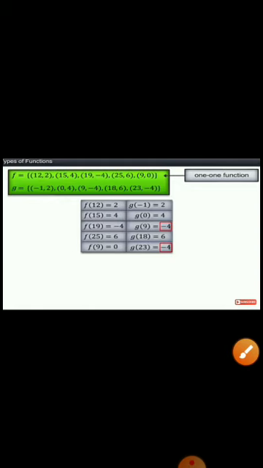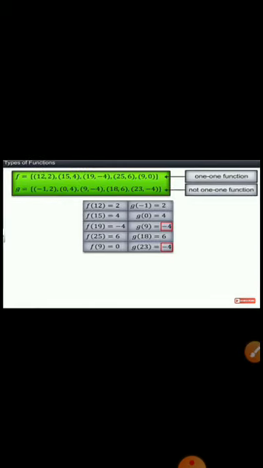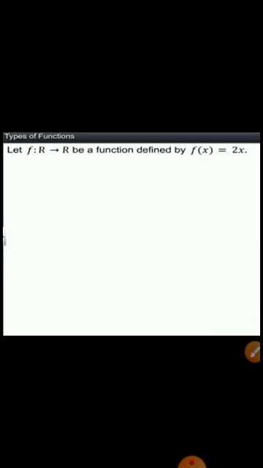See, have you got g of 9 as -4 as well as g of 23 as -4? 9 and 23 are two distinct elements, but they are mapped to a single element -4. So it is a many to 1 function. It is not a 1-1 function. f is 1-1, but g is not a 1-1 function.